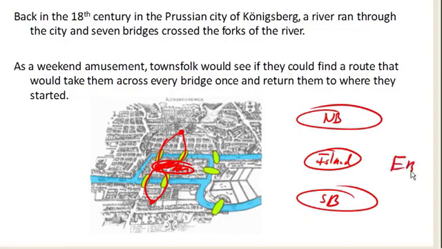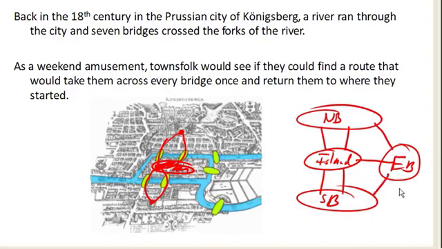And we have 2 bridges connecting the north bank to the island, 2 bridges connecting the south bank to the island, 1 bridge connecting the island to the east bank, 1 bridge connecting the north bank to the east bank, and 1 bridge connecting the east bank to the south bank.